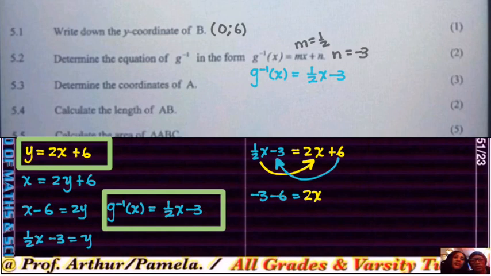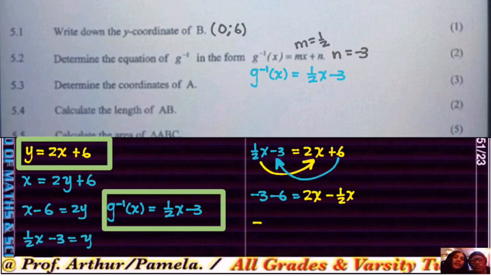2x minus a half x. Now watch now. Minus 3 minus 3 minus 6. What do you have? Minus 9.